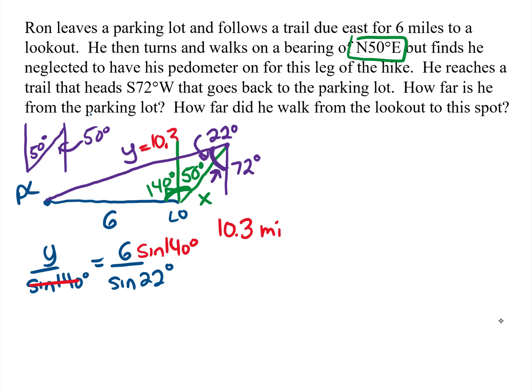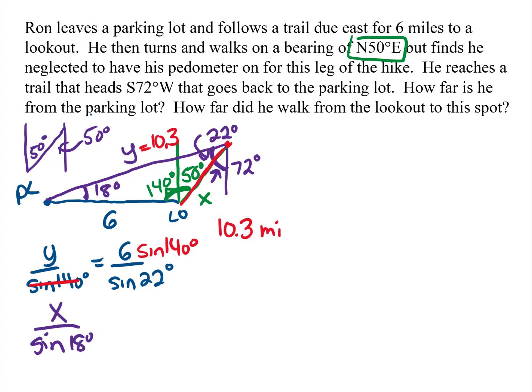Maybe I'll put it right on here. Okay, how far did he walk from the lookout to the spot where he was? So that's X right along here. Let's go ahead and set up another law of sines. We have X over the sine of the angle opposite X. Well, that's this angle here in the triangle, and I don't have that, but I do have the other two angles. So I can take 180 degrees minus the 140 degrees minus the 22 degrees, and that gives me 18 degrees.